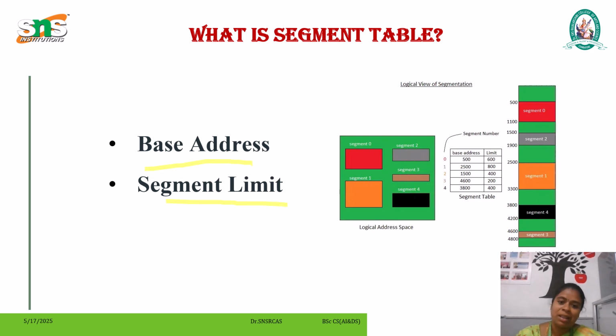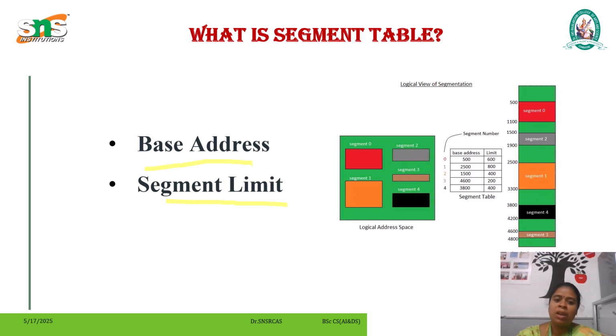Base address contains the starting physical address where the segment resides in memory. Segment limit, also known as the segment size, specifies the length of the segment. Now the translation of the two-dimensional logical address into a physical address.